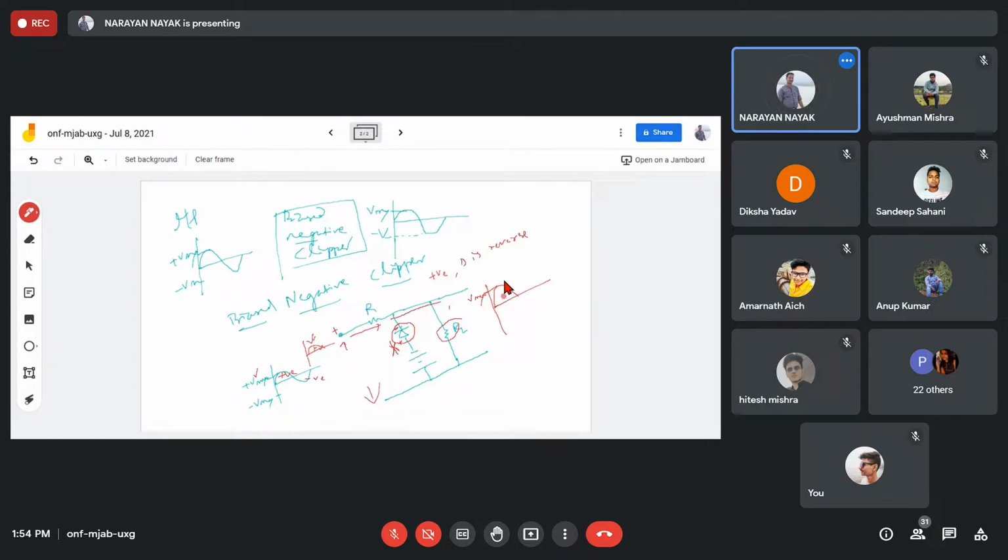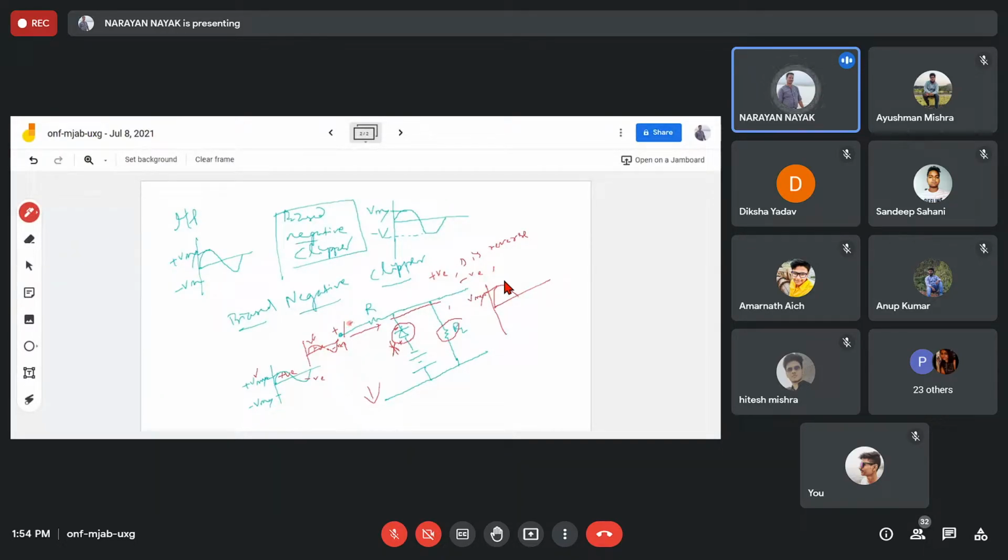Okay. Now during the positive cycle you got this. During the negative cycle, what will happen? Now, this is a negative cycle. So you have applied the negative voltage. If you apply the negative voltage in place of positive, now what did you get?